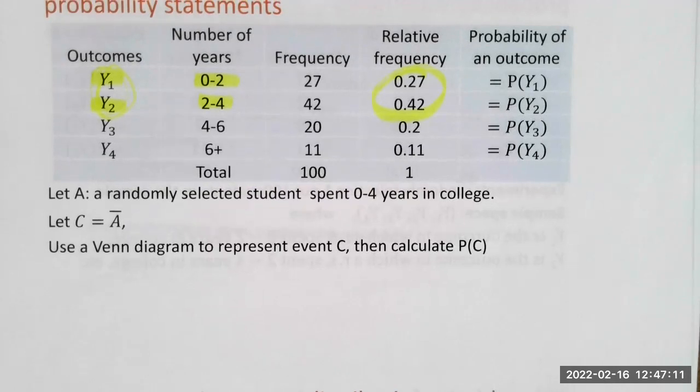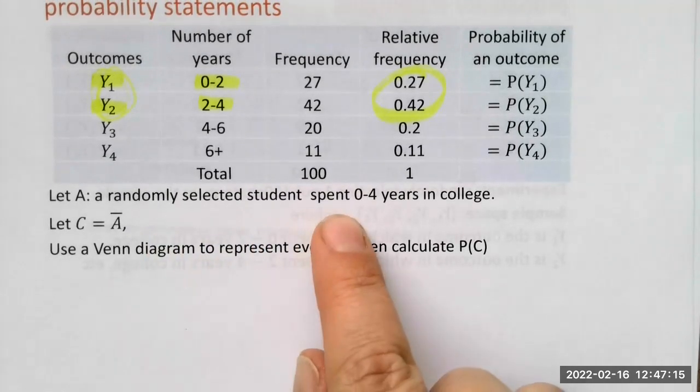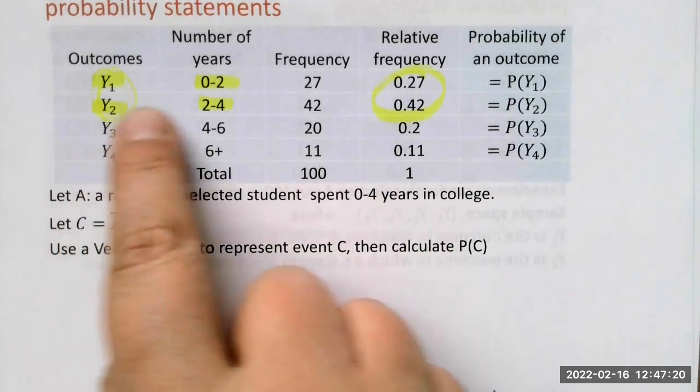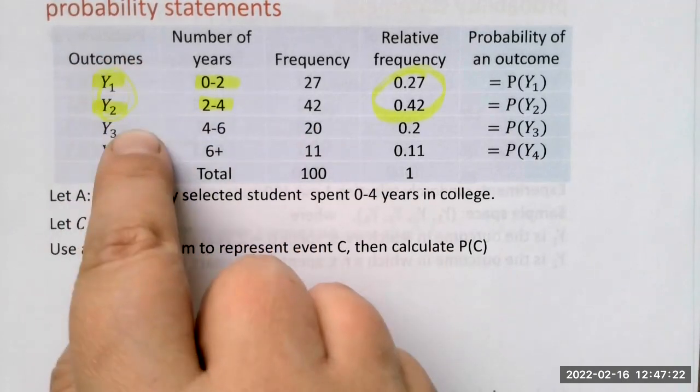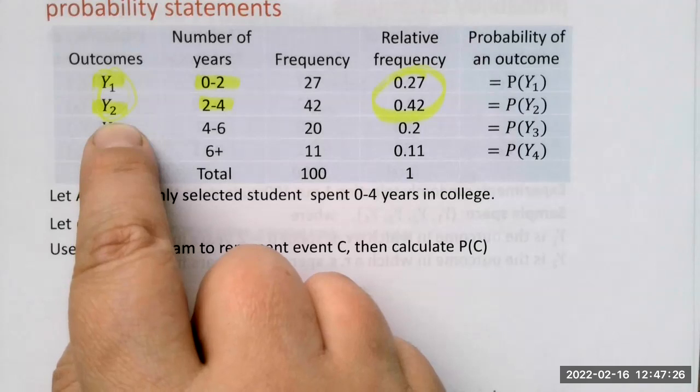We already talked about how event A is the event that a randomly selected student spends between 0 and 4 years in college. And here's the representation of that event. We have two outcomes, Y1 and Y2.